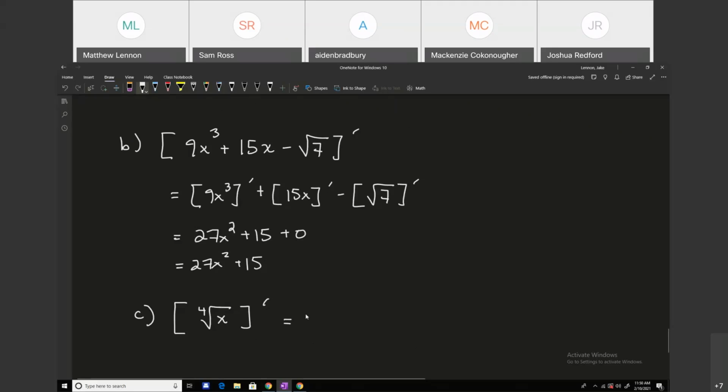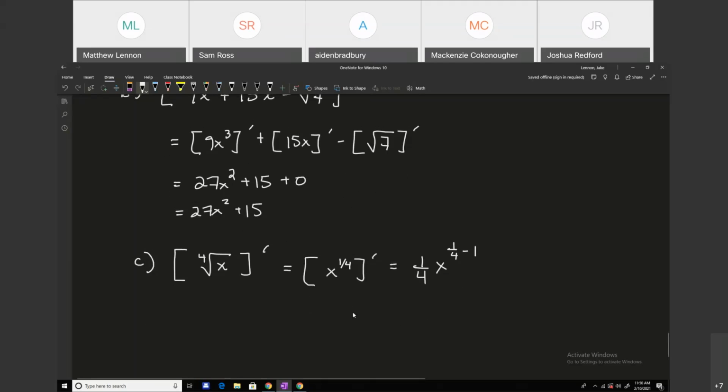So we're really trying to find the derivative of x to the 1/4 power. To take the derivative, we bring that 1/4 down in front, and then we do 1/4 minus 1. So our derivative here is 1/4 x to the negative 3/4.